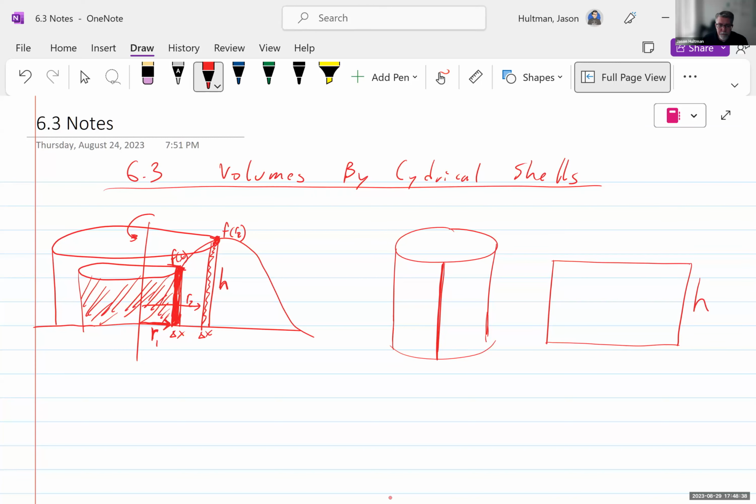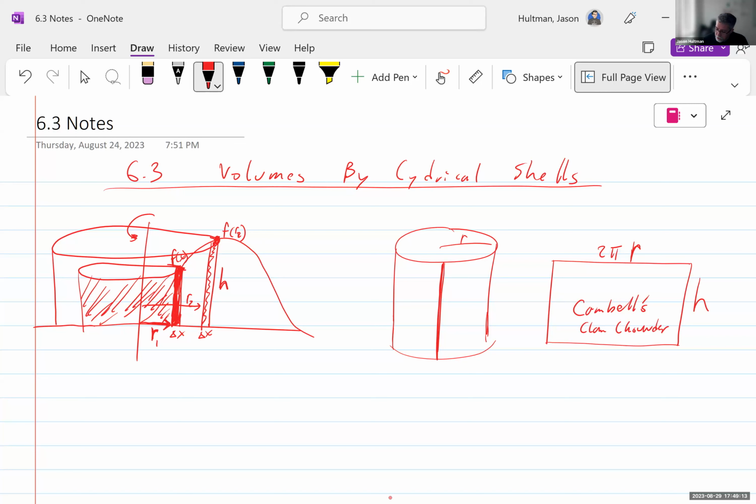But what would be the base of that? Well, the base of that is going to be 2 pi times whatever the radius was of the circle of the cylinder. So 2 pi r is the width of the soup can label. Maybe we'll say this: Campbell's clam chowder, or whatever your favorite soup is.